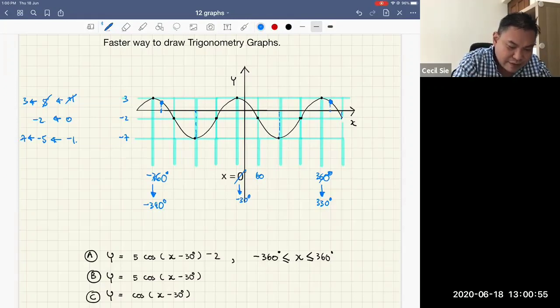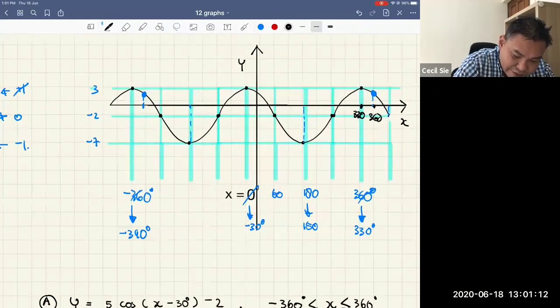Dotted lines here. This is 360. This is 330. Before this one is 180. Then you minus 30 become 150. So you label here 150.